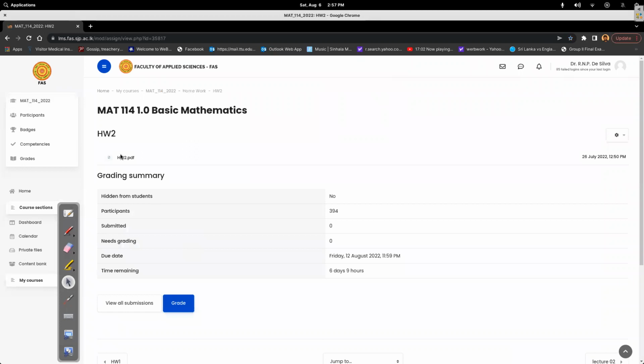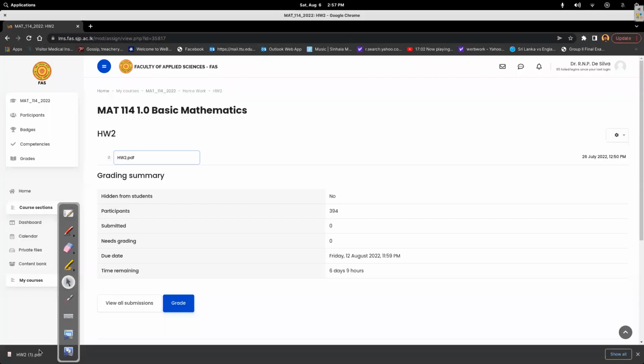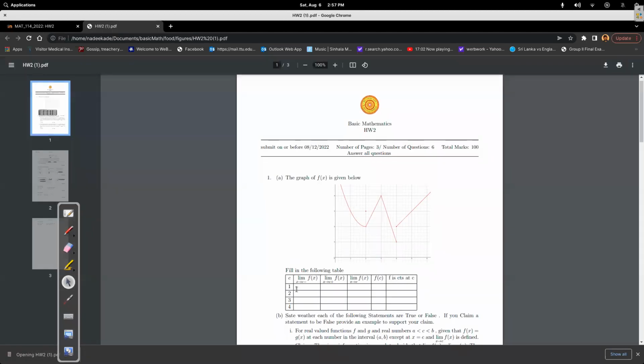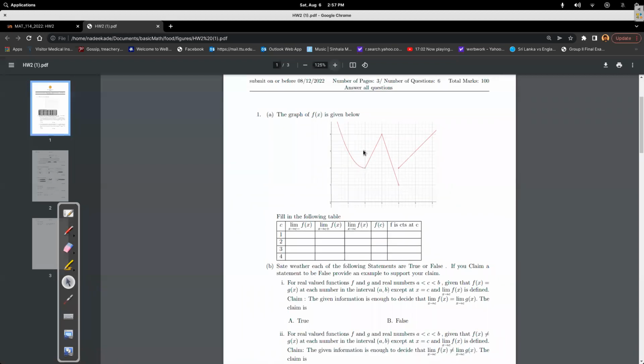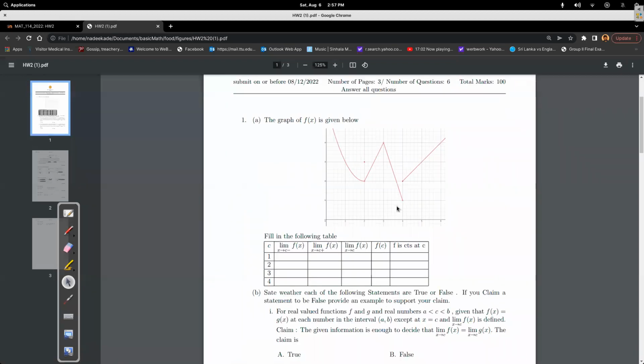Let's see how. Okay, so here when you find the limits, okay, this C means you have to find the C at -1, C at +1. Okay, then here C is 2. So you have to find the limits at 1 from both sides here, limits of 2 from both sides like that.